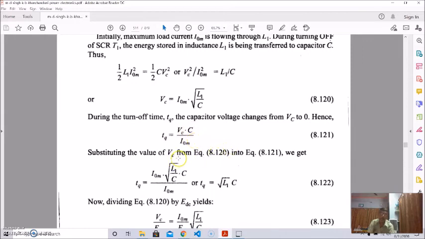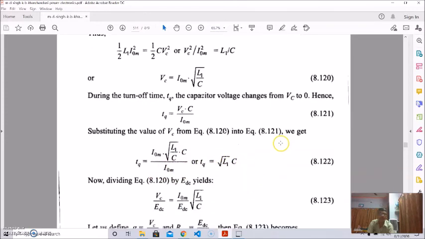Substituting the value of VC, we get TQ equals IOM root of L1 by C into C by IOM, so TQ equals root over L1 into C.